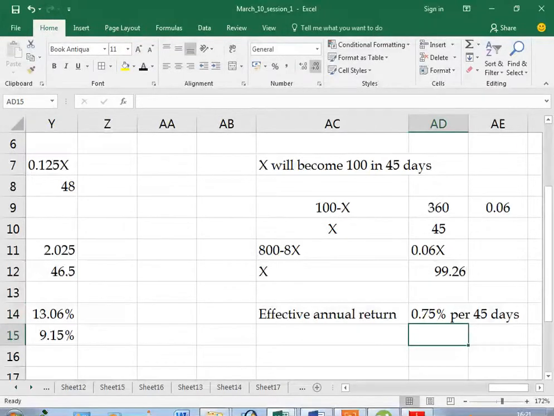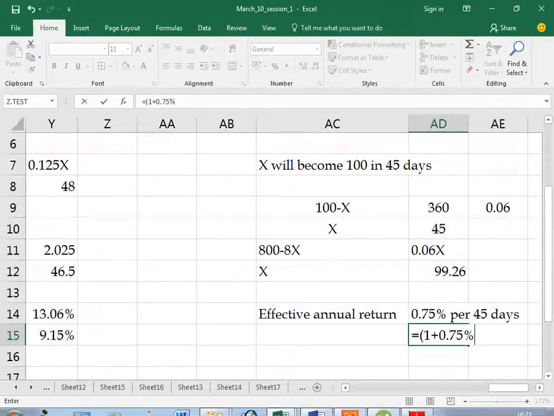Effective rate is 1 plus 0.75%, whole power 8. Why 8? Because 0.75% is for 45 days, so you have 8 time periods of 45 days in a year, and then minus 1.